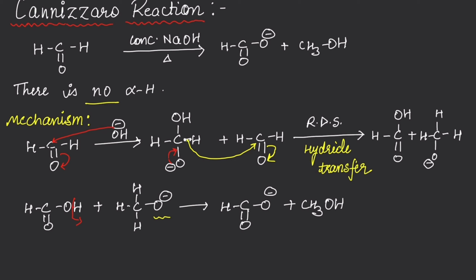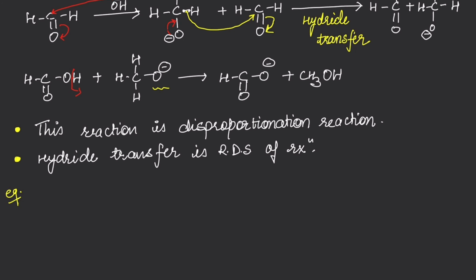So this is the mechanism, and through this mechanism we can obtain the alcohol as well as the salt of an acid. This is the Cannizzaro reaction we can perform here.